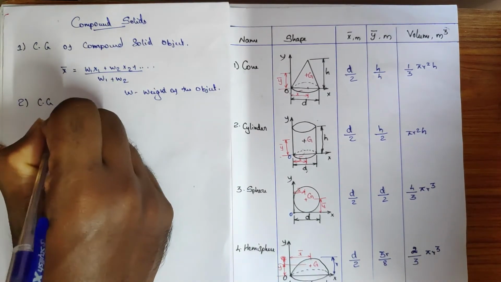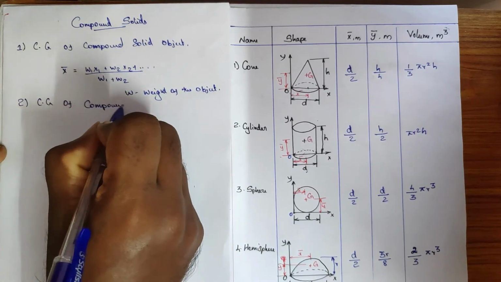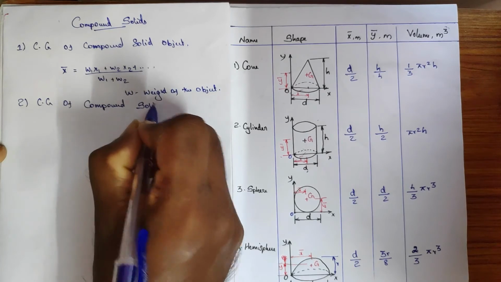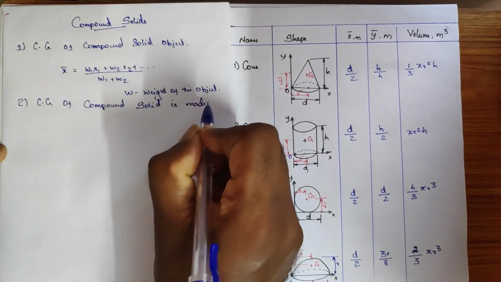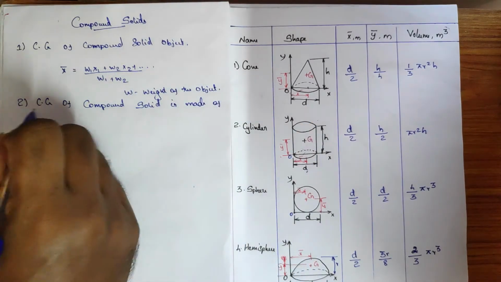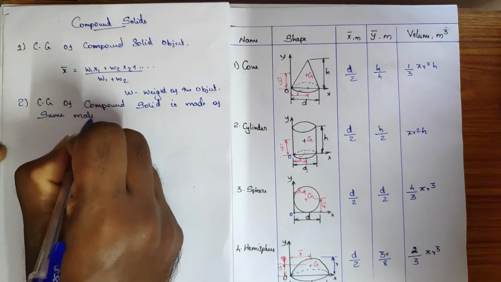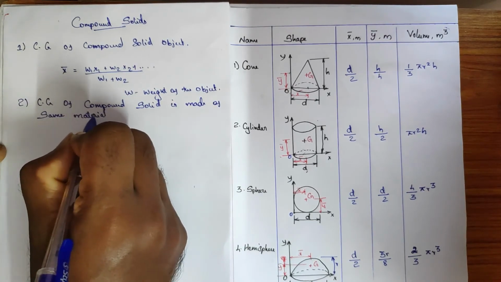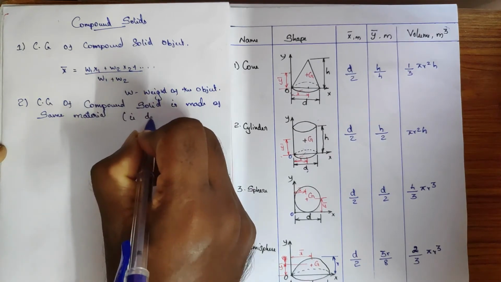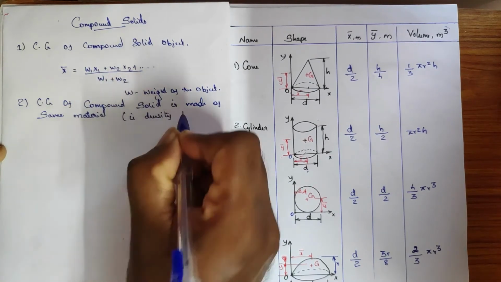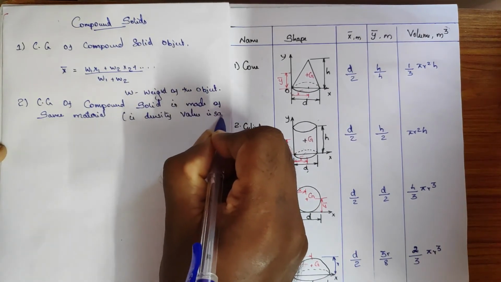Okay, so second case, center of gravity of compound solid is made of same material, that is, density value is same.